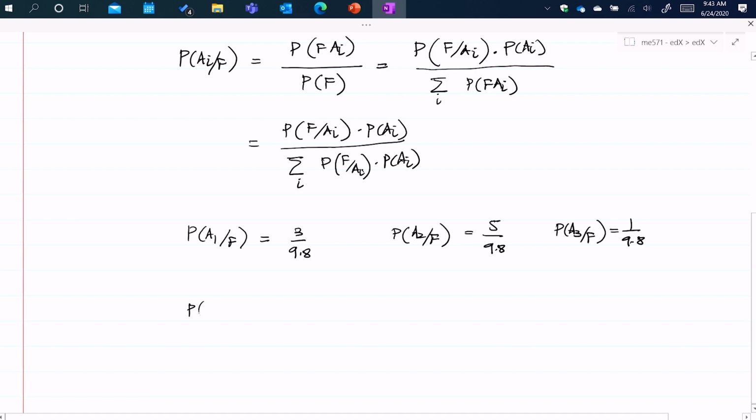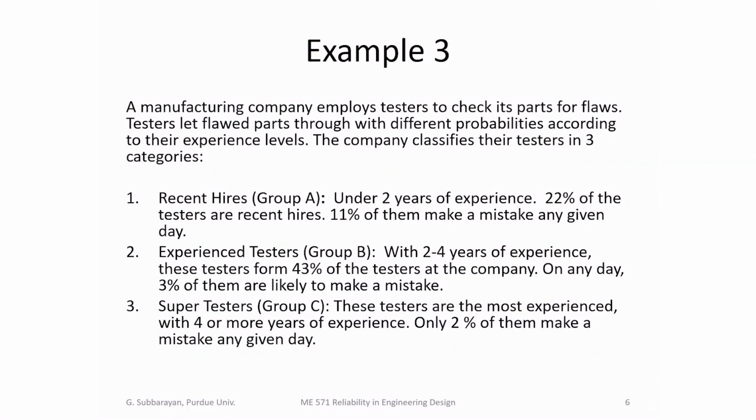And the probability of A4 given F is 0.8 divided by 9.8. Those are the 4 events, and so now we can go ahead and calculate the probability of a particular failure cause given the failure event. Go on to the next example.